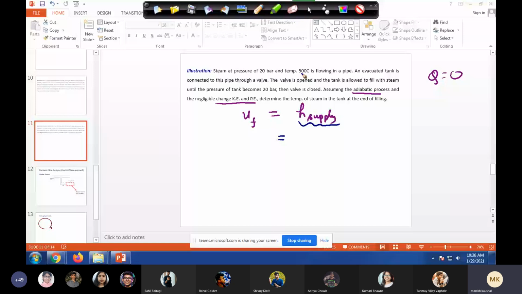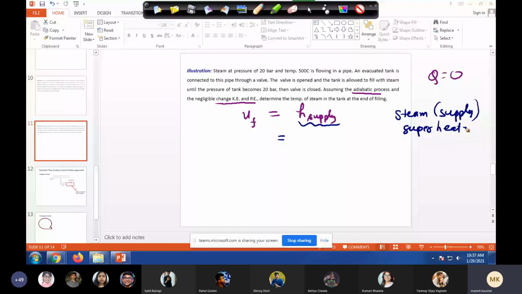Can anyone tell whether it's superheated or not? I already found, just to confirm. Yes, sir, it is superheated. Superheated, right, because the saturation temperature is roughly 212. So the first thing we know is that steam in the supply line is superheated.